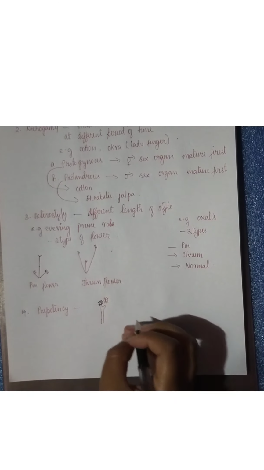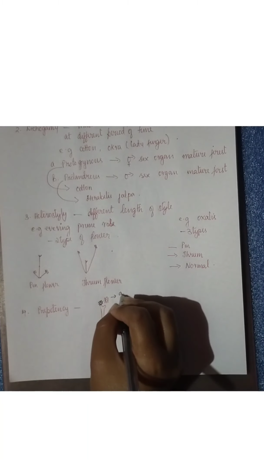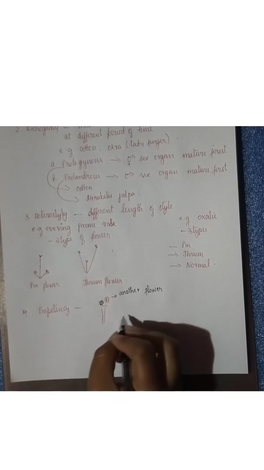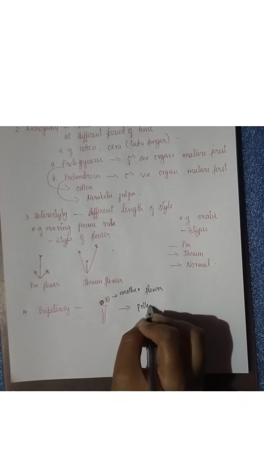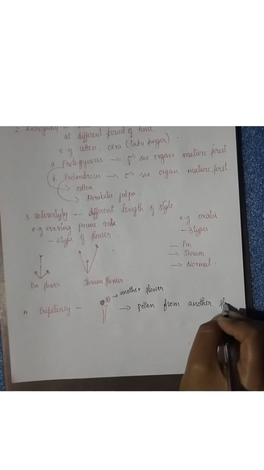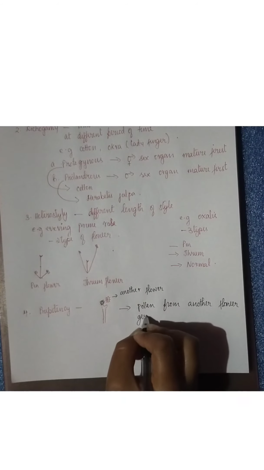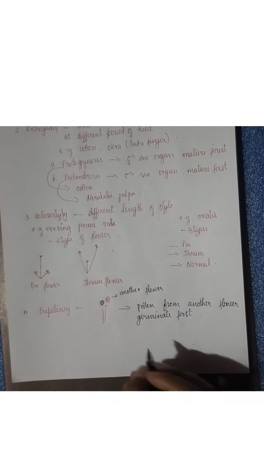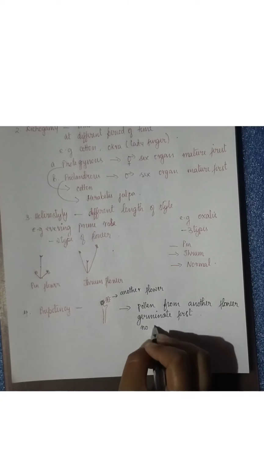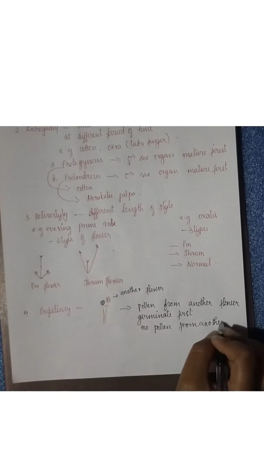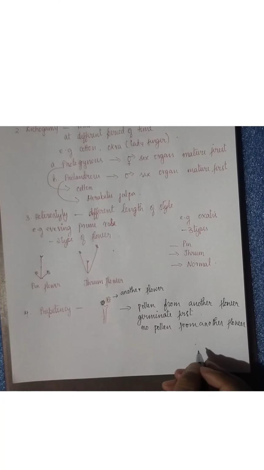Pre-potency means pollen from another flower germinates first.